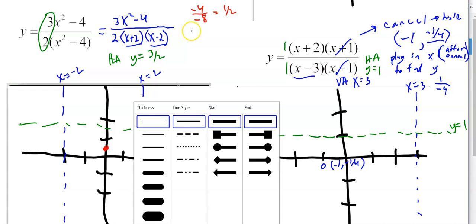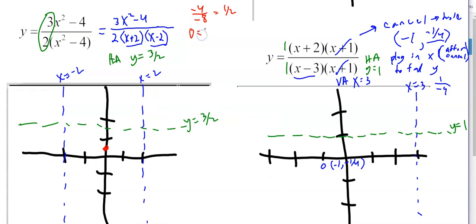So set the numerator equal to 0, 3x squared minus 4. So 4 equals 3x squared, divided by 3. The square root, x equals the square root of 4/3. Actually, though, it'd be plus or minus because you have to take the square root of both sides. So square root of 1 1/3, square root of 4/3.